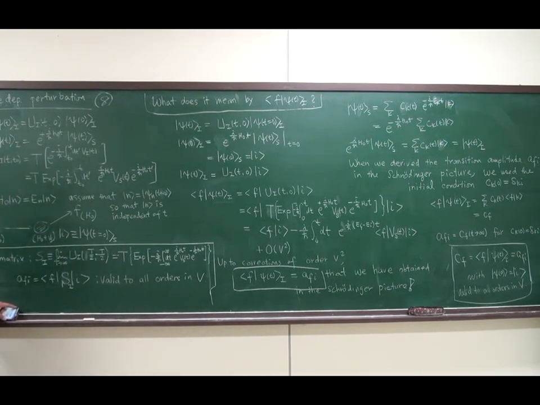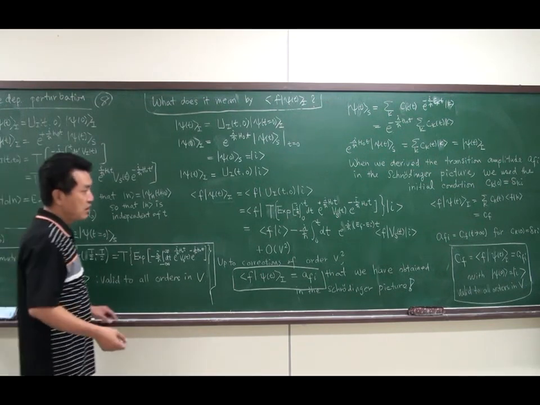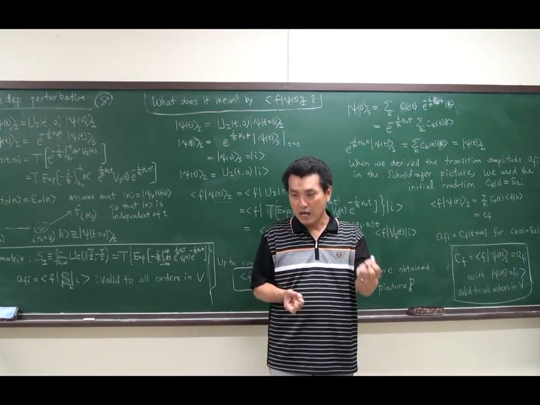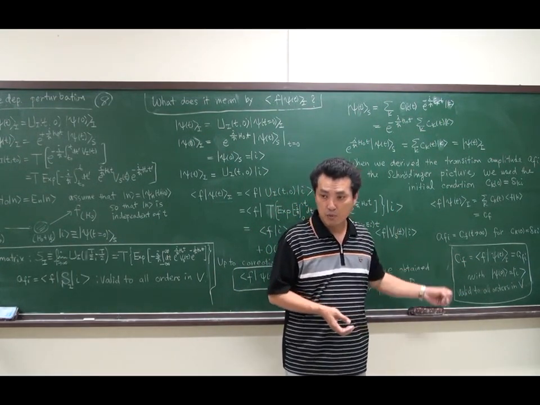Then, if I want to compute the transition amplitude from the initial state to the final state, what we have done here is just selective: give me i and f, and we calculate it one by one.